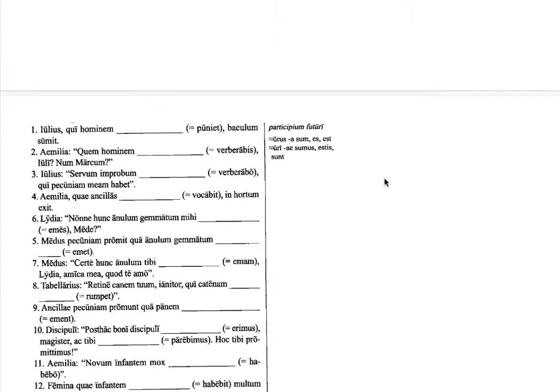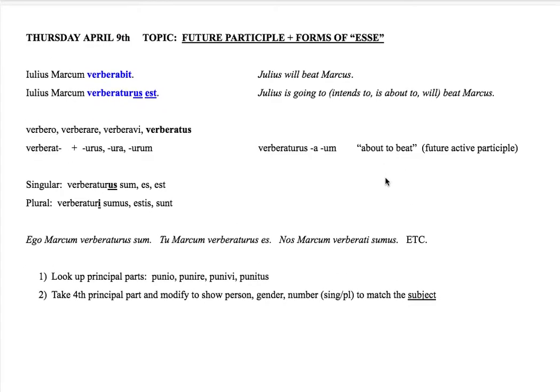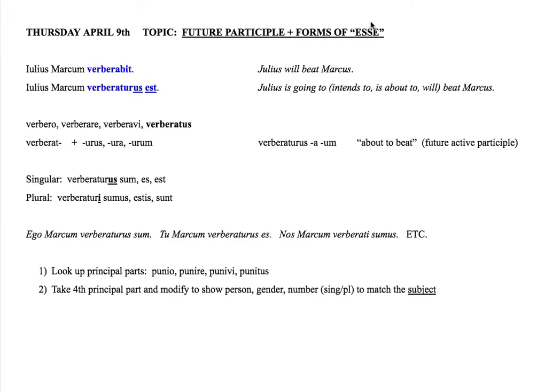So let me backtrack and let's start here. The topic is future participle plus forms of esse. We can say Julius will beat Marcus, as you see here, quite simply with a simple future verb. Remember, bo, bis, bit, bimus, bitis, bunt, and am, es, et, emus, etis, ent for third and fourth declension.